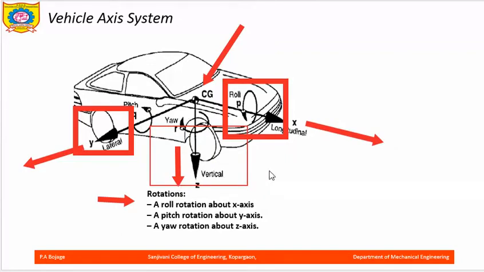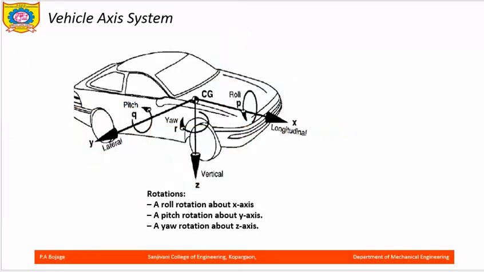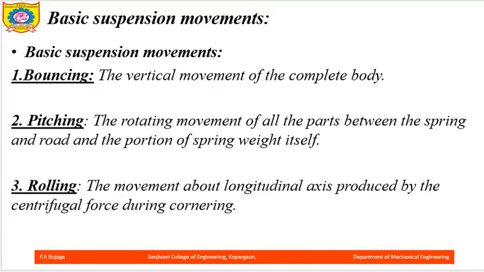So, the origin of this axis system is the center of gravity, and pitch and roll are on the y and x axes respectively, and vertically downward acts the yaw, which is actually due to the weight of the vehicle. Now, let us see in details.